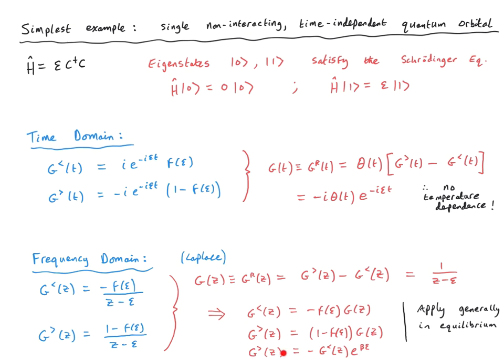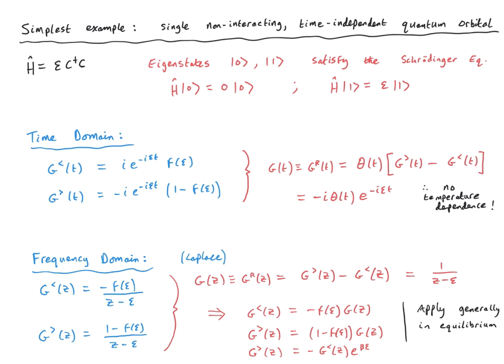G greater and g lesser can of course also be directly related, and we find that g greater of z is equal to minus g lesser of z times the factor e to the beta epsilon. Note here that there's no simple relationship between g retarded as a function of real frequency, omega, obtained by the standard Fourier transformation, and the g lesser and greater functions as a function of real frequency, omega, obtained by their corresponding Fourier transforms.